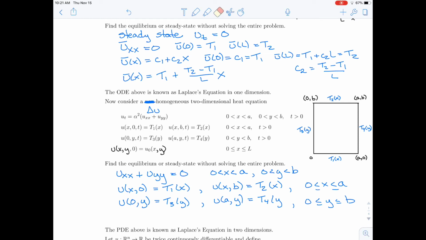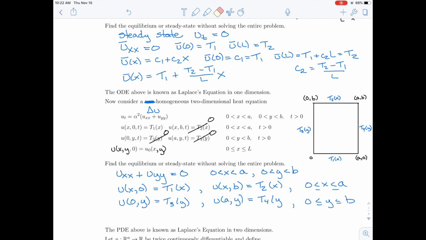And then you would choose 3 other ones to be 0 and solve that equation. And then you would choose 3 more of the boundaries to be 0 and solve the resulting equation. And then finally, you would take the last boundary being non-zero and the other 3 being 0 and solve that 4th equation.